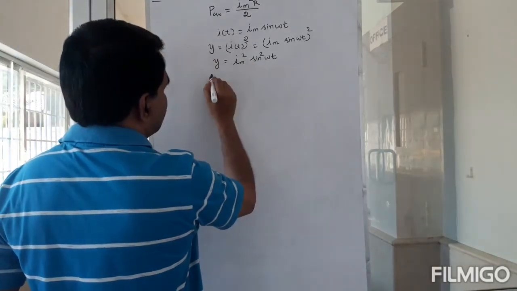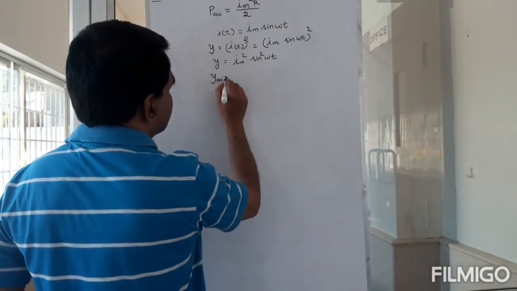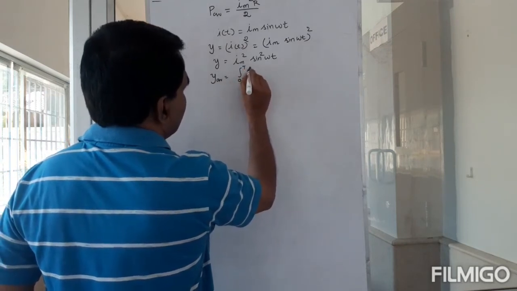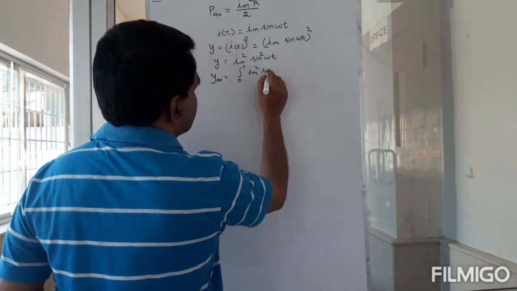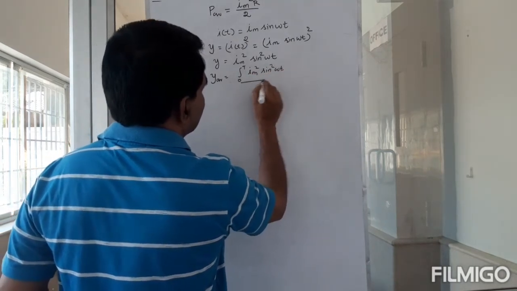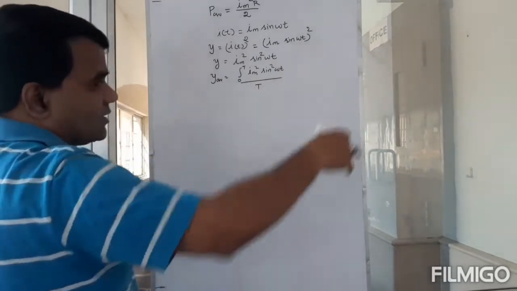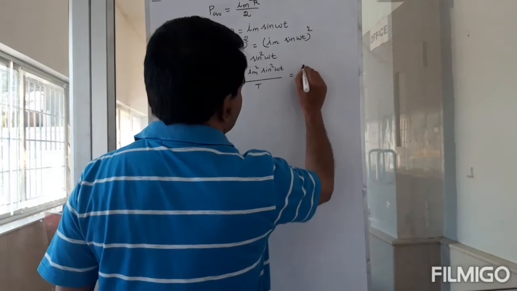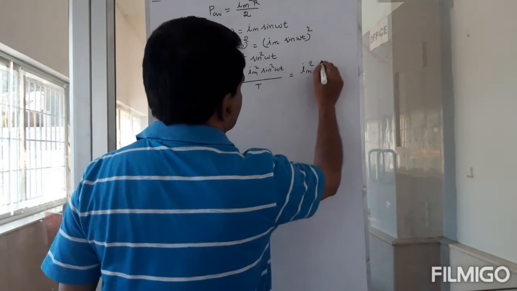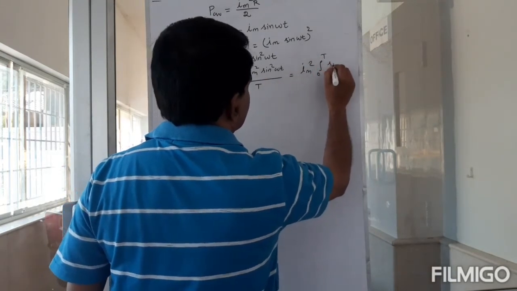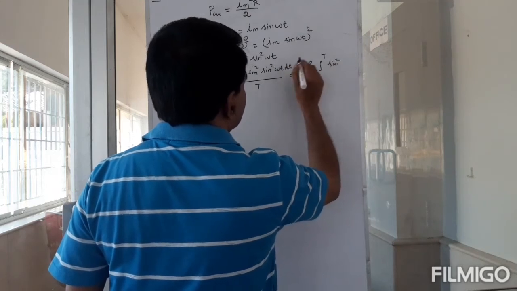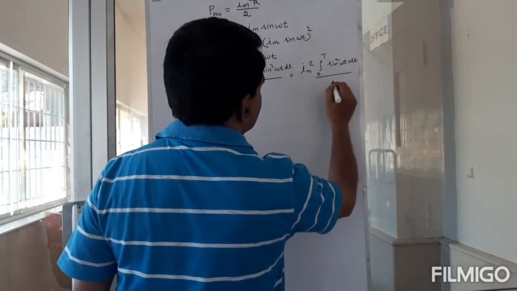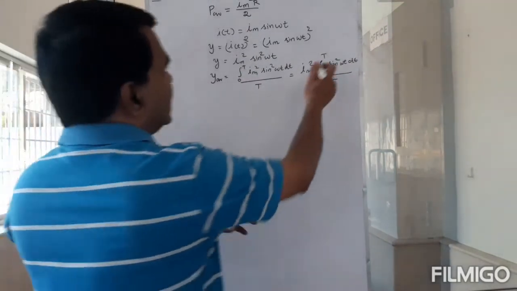Y average is equal to 0 to T of Im squared sine squared omega t, divided by T, for one cycle. The constant Im squared can come out. Then I will get the integral from 0 to T of sine squared omega t dt, the whole thing divided by time.